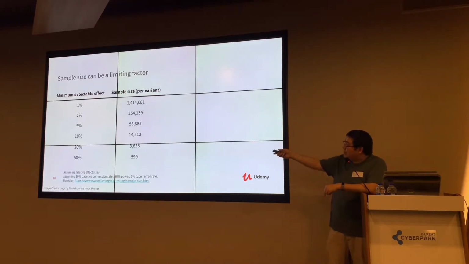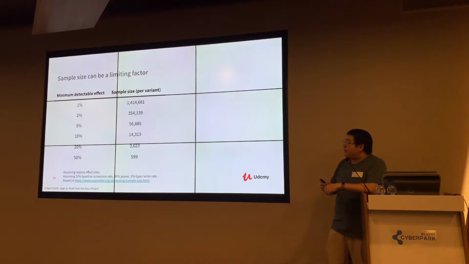And on the right column, you see sample size. So in order to detect, say, a 10% difference in some metric. For example, normally users on the site spend $1 per visit. You want to see if a change leads them to spend at least $1.10 per visit, right? So that's a 10% effect size. In order to do that, in your A/B test, you would need to have at least 14,000 people in each variant, right? And so what this means is, sometimes the sample size requirements are very high.